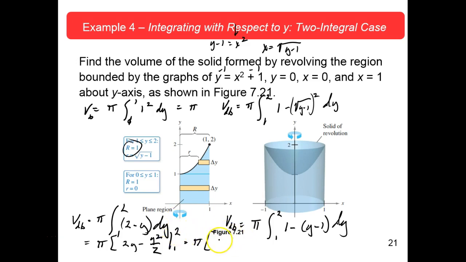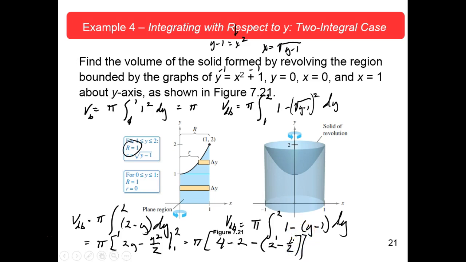Plug in the 2 first and you get, help me, 4 minus what? Minus 2, is that what you said? That's when you plug in the 2. Then you do a minus, and what you get when you plug in a 1? 2 minus 1/2. Okay.